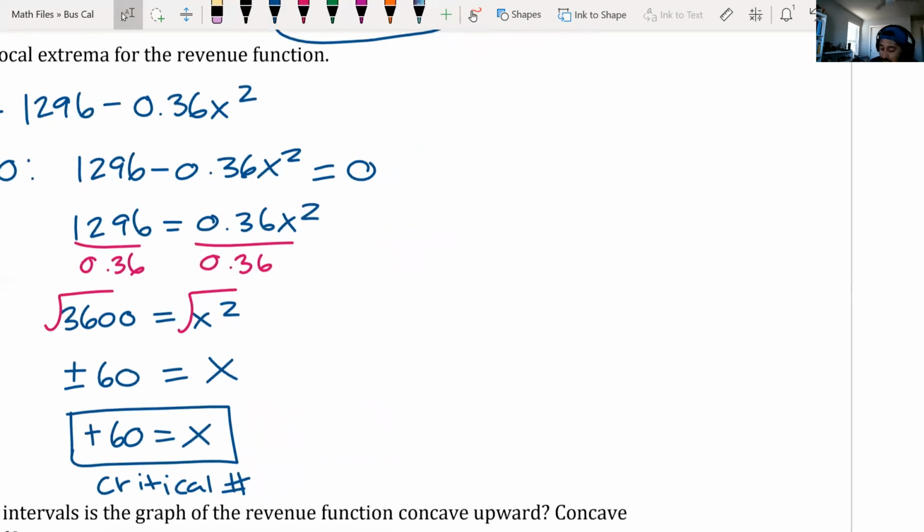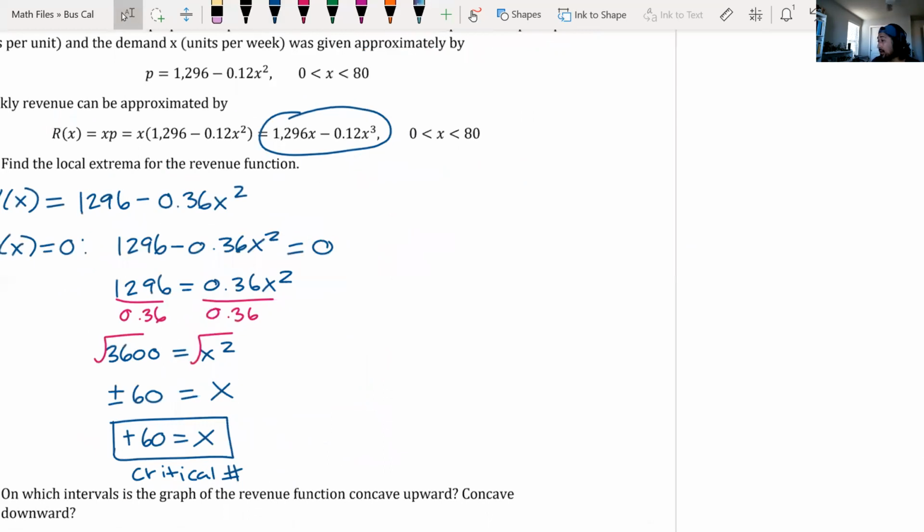But this sign chart is a little easier because they're giving us restrictions to stay within. What two x values are we stuck between? 0 and 80. So when I make this sign chart, I have 0 and 80.